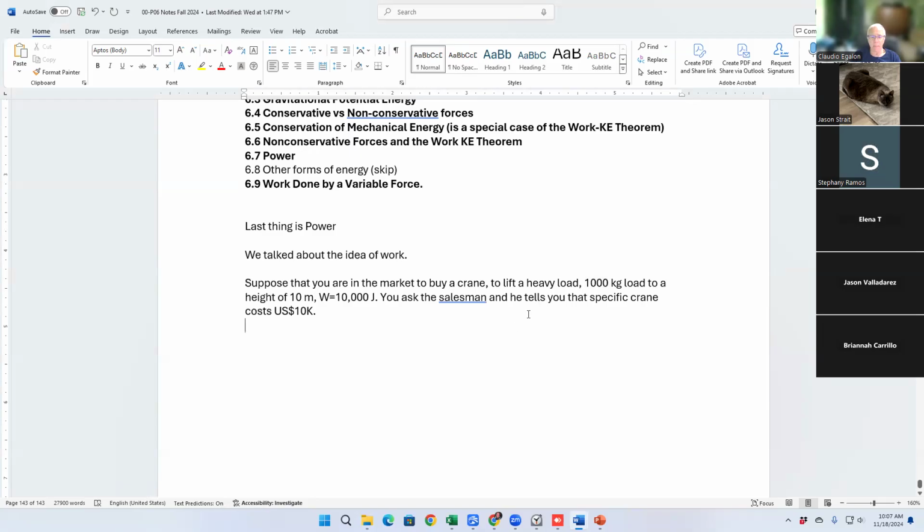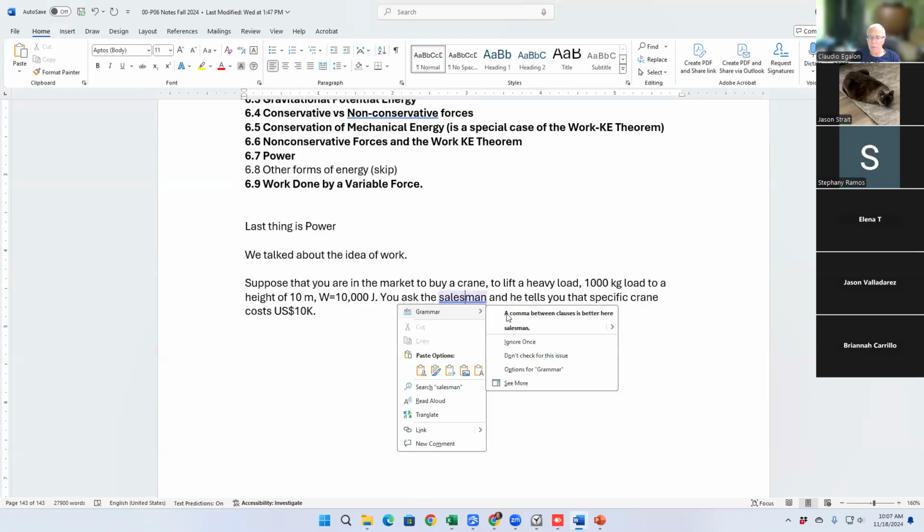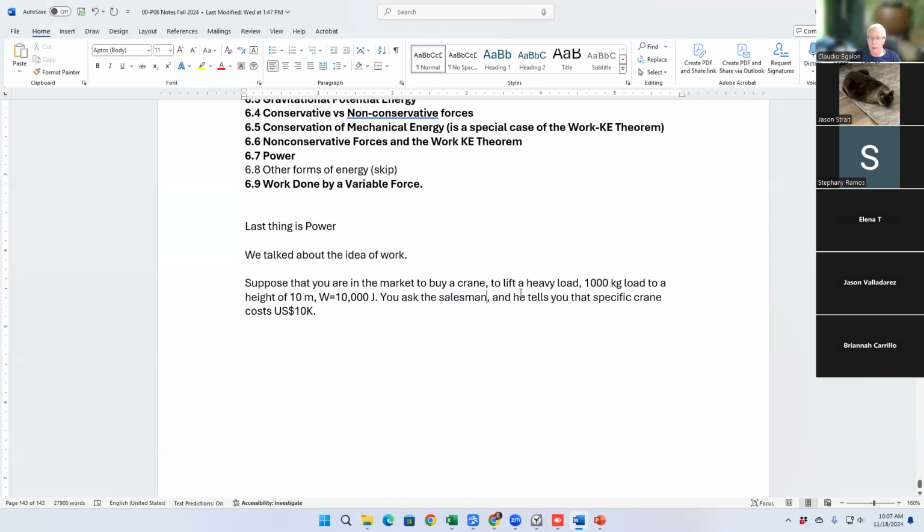And then you ask the salesman about a crane that can do this type of work, and the salesman says, "Oh yeah, we do have a crane.